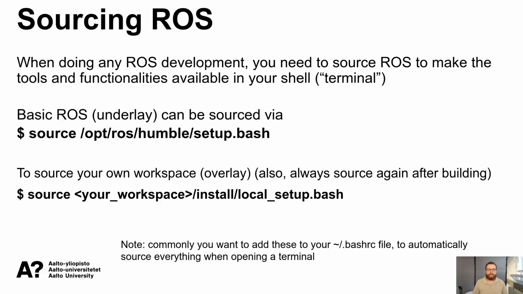In addition to this, typically you also want to source an overlay. This is basically your own workspace where you're working with ROS. The workspace, a little bit more about that in the next slide, is the place where you have your own files, your own programs, your own packages that you use with ROS. That's what we call the overlay here.